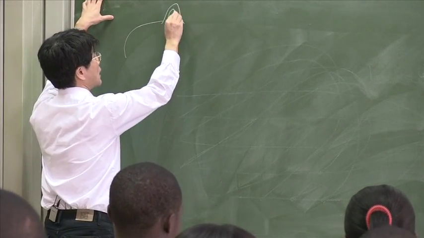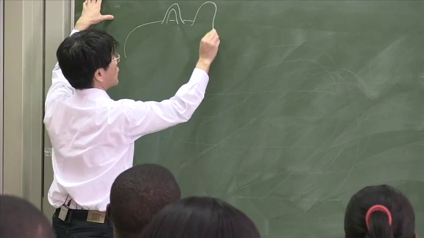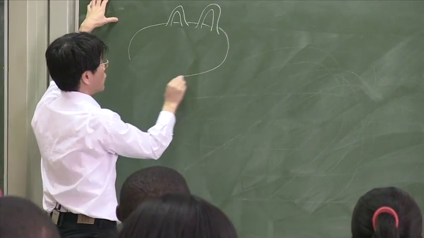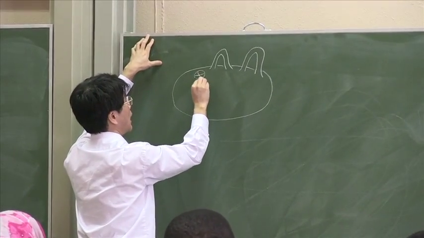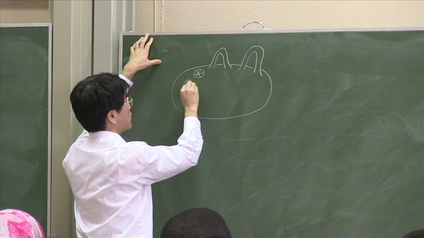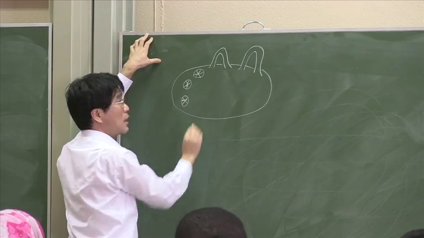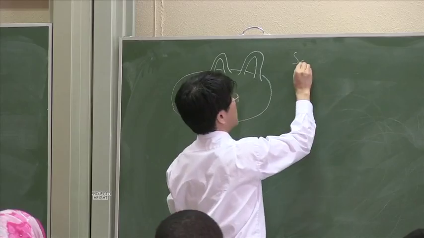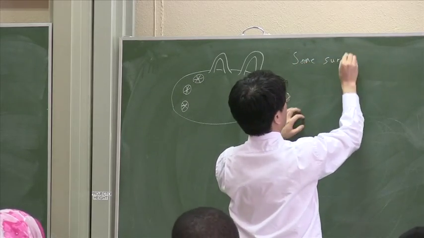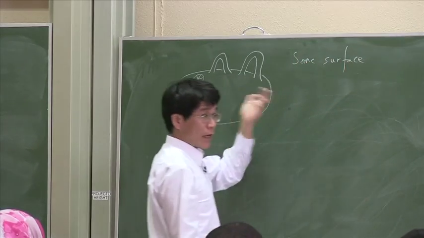Okay, so that's the classification. However, did you wonder about this? Suppose that you have both handles and Möbius strips. Some surfaces like this look like a mixture of sigma and nu.